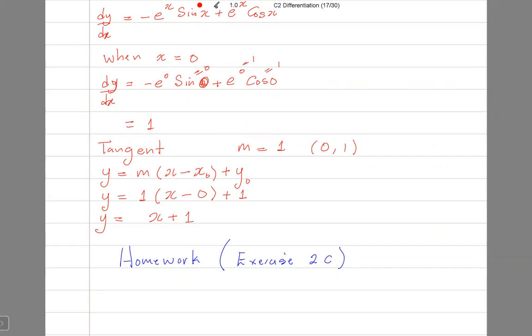Once you have the x and y value of the point of contact, then I need to find the gradient function, because the gradient of the curve is equal to the gradient of the tangent at the point of contact. So once I have the point of contact and the gradient, I put that in my formula for determining the equation of a straight line. Once I put that in, I'll get the equation of the tangent.